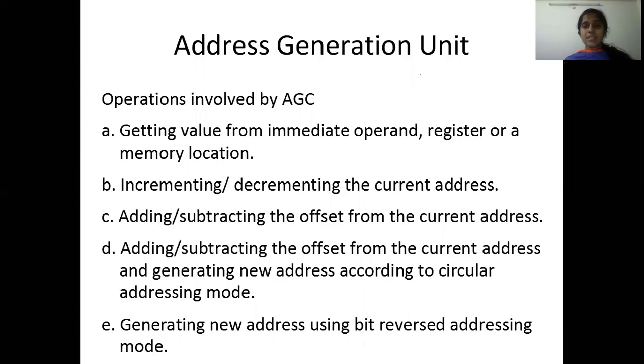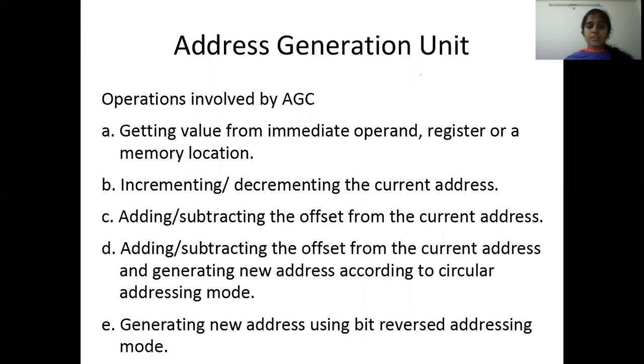Once it reaches the end of the buffer, it comes back to the initial position. That is why it is called circular addressing mode. Generating new addresses according to this circular addressing mode is one of the operations involved. Another is generating a new address by using the bit reversed addressing mode, which is also a special kind of addressing mode.